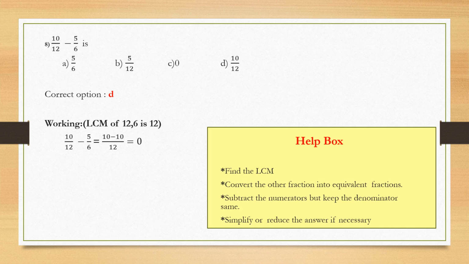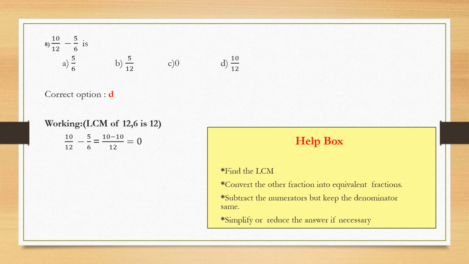Now coming back to the question, the denominators, they are different. So how do we make it to a equivalent fraction? We'll have to find out the LCM. So LCM of 12 and 6 is 12. 10 upon 12 minus 5 upon 6 is equal to, now again make it to equivalent fraction.